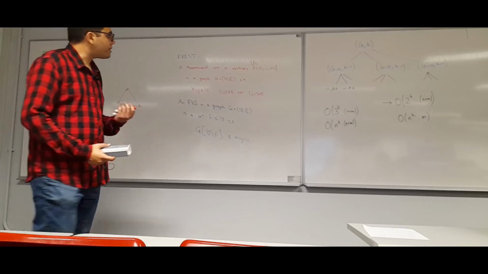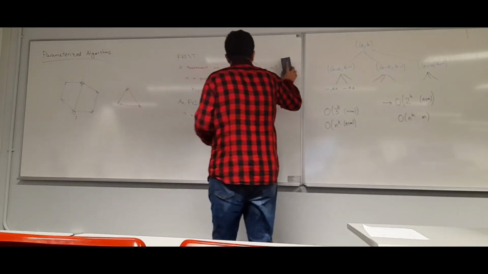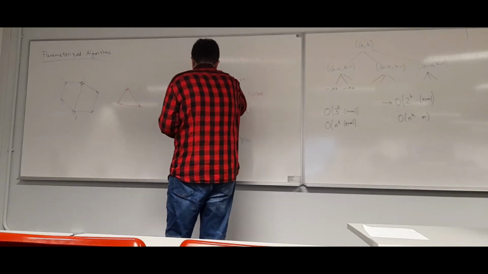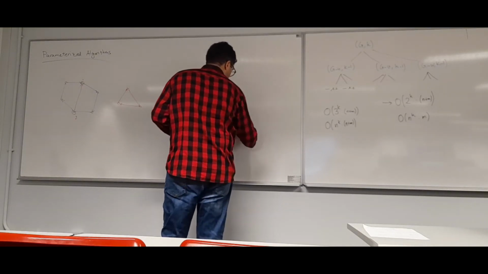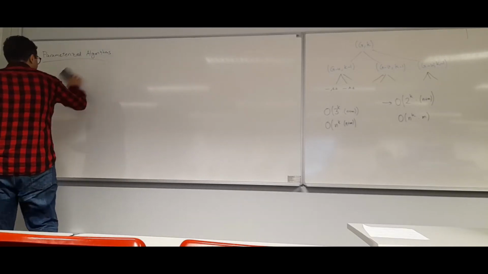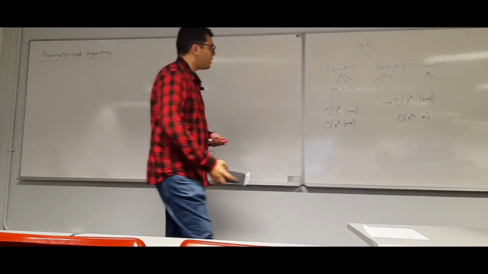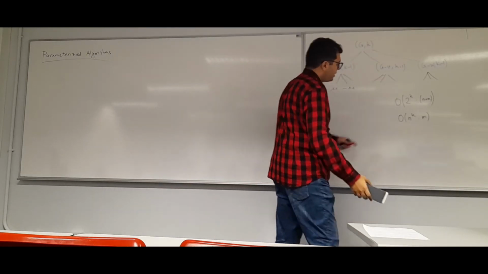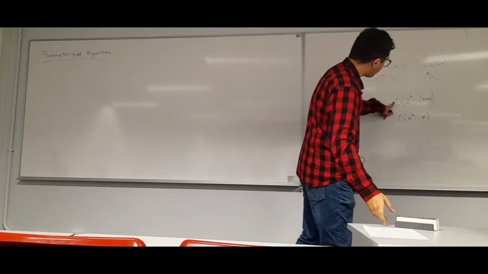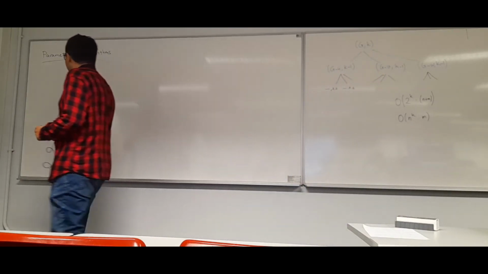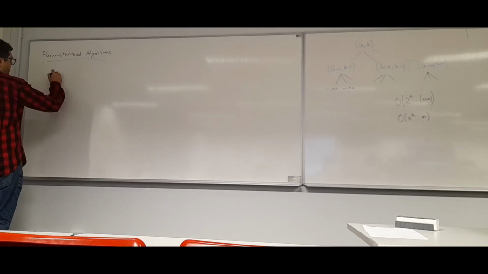So now I want to show you another technique. And for that, let's go back again to our vertex cover problem. So vertex cover is just our favorite problem for parameterized algorithms. Okay, so these are the algorithms that I already have for vertex cover, and these are the runtimes. But let's see if I can solve the vertex cover problem in a different manner.